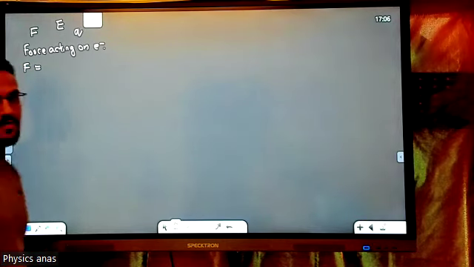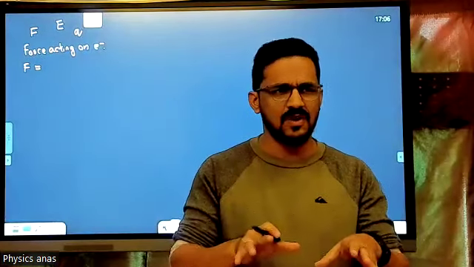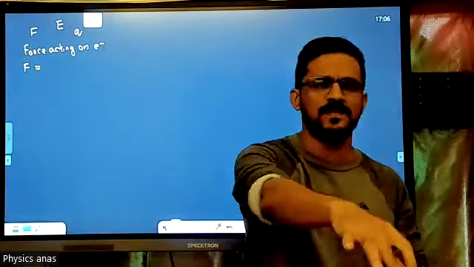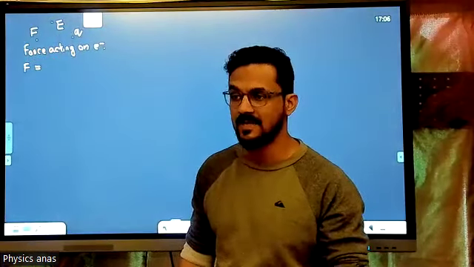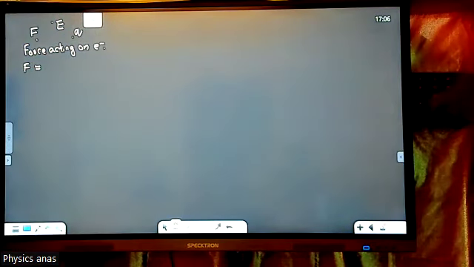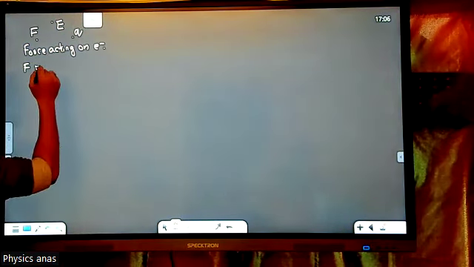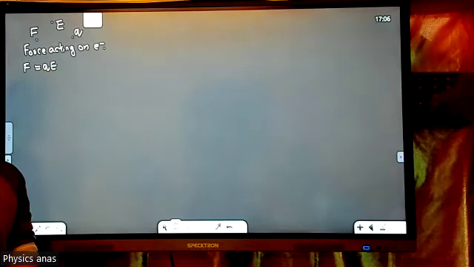Can you give me the equation for that force? You don't have to go to 1 by 4 pi epsilon naught, since I have given you these parameters. The equation is simply Q into E, charge into electric field.